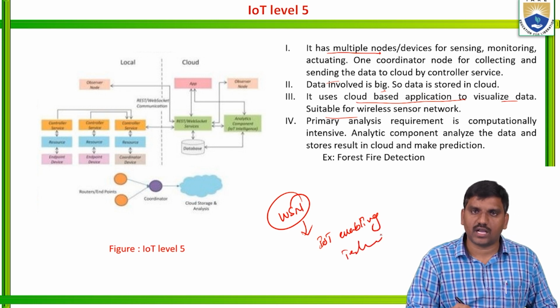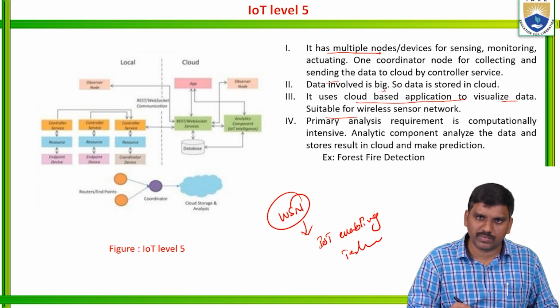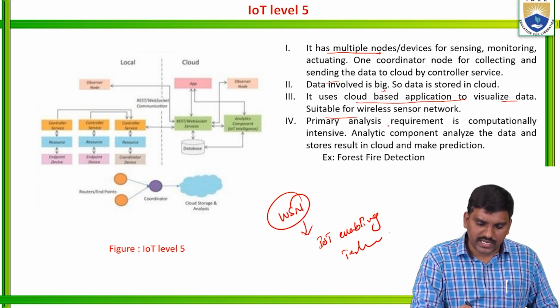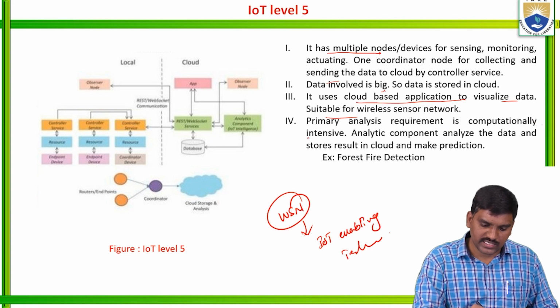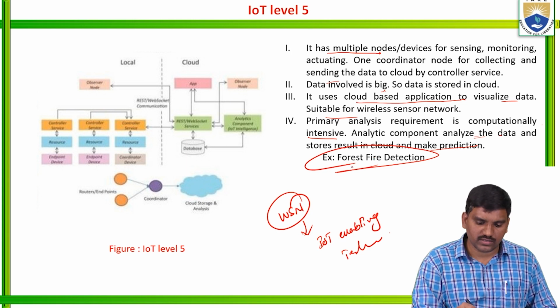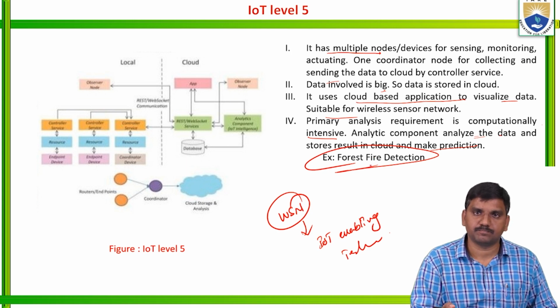IoT level 5 is best suited for wireless sensor networks. The primary analysis component is computationally intensive. The component analyzes data, stores the result in the cloud and makes a prediction. The best example for IoT level 5 is forest fire detection.